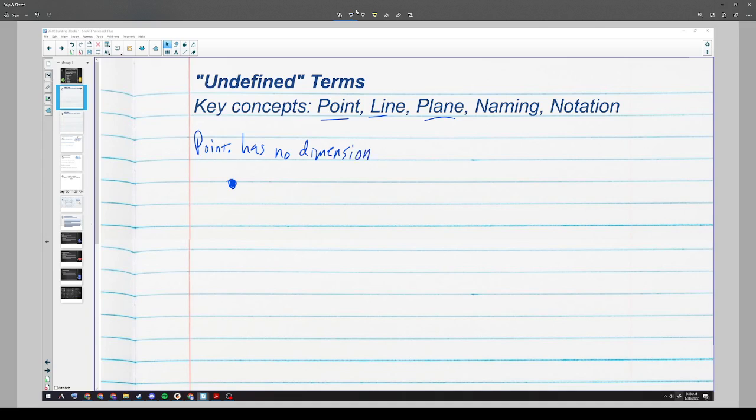So we could think of it as being a 0D object. So it defines a point in space, but it doesn't have length, width, or height, so it has no dimensionality to it. And we can express it in basically any dimensional arrangement. So like I could draw a number line, which is a 1D representation, and put a point on there somewhere.